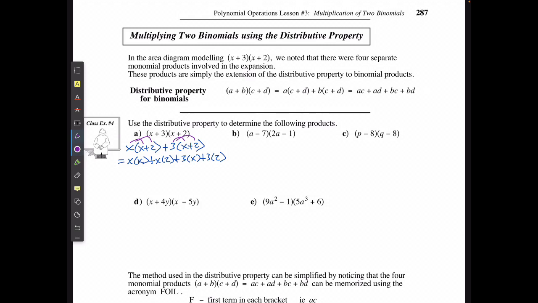If I have two terms multiplied by two terms, there's going to be 4 multiplications taking place. So what I actually have is x squared, 2x, 3x, and 6, and then I just combine my like terms. x squared plus 5x plus 6.